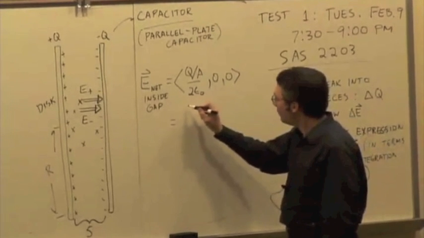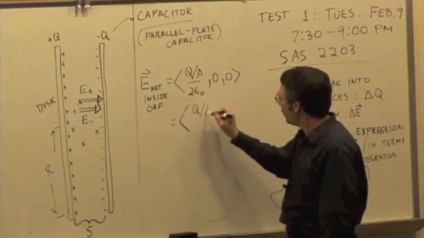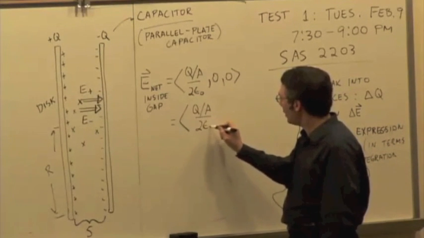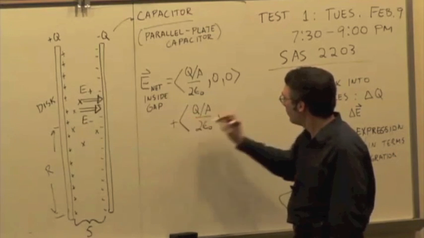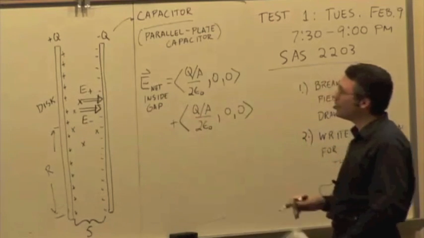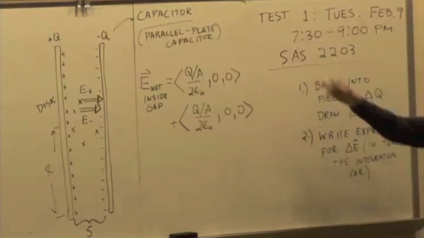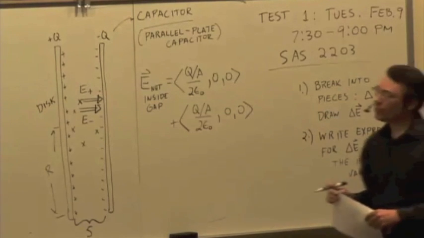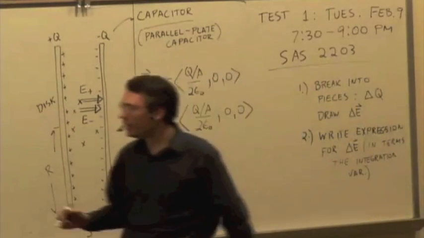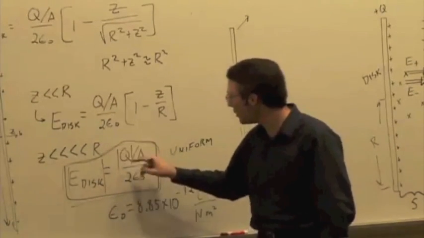And we're going to have Q over A over 2 epsilon naught, 0, 0 for the negatively charged plate. You say, well, what happened to the sign here? One is positively charged, one is negatively charged. Well, you have to be a little bit careful because we're talking about a magnitude here. So that really is a magnitude.